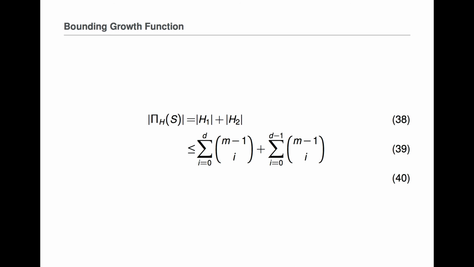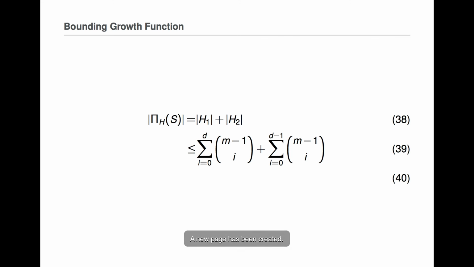So now we're going to use our inductive hypothesis. The size of H1 is this, and the size of H2 is this. And what we want to do is to show that once we add them together, this is going to be of size m choose i, summed up to d.